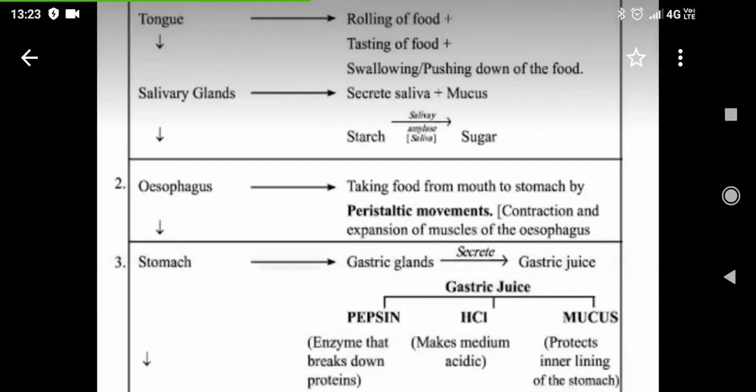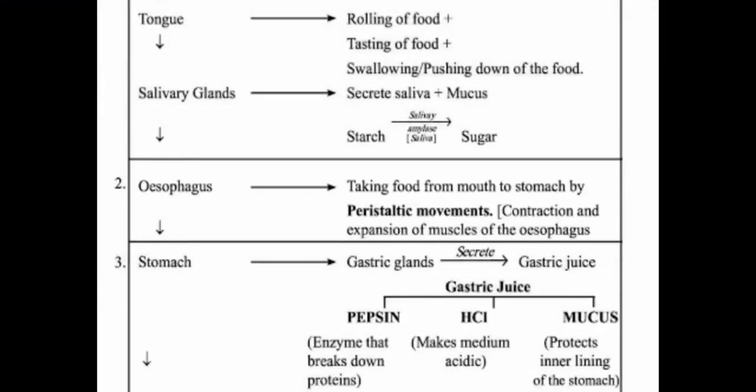Peristaltic movement is nothing but the contraction and expansion of the muscles of the esophagus tube itself. When it is taking the food, it will expand. When it is pushing the food down, it will contract. In that way, the food is pushed down to the stomach.